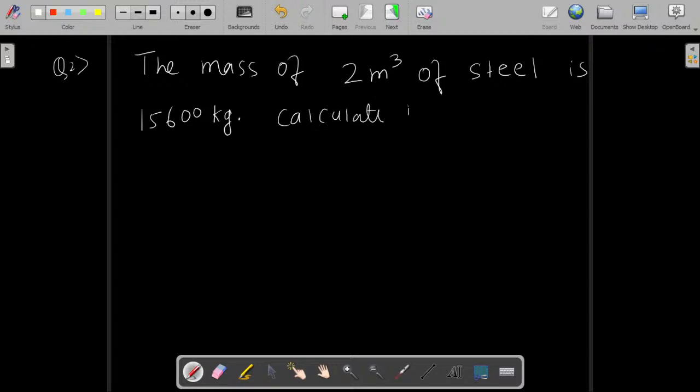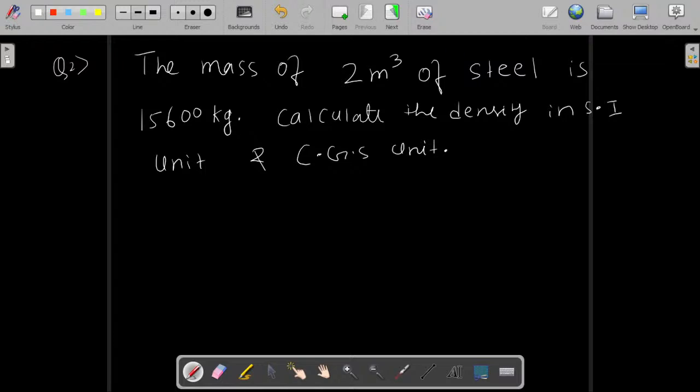Calculate the density in SI unit and CGS unit. Try.